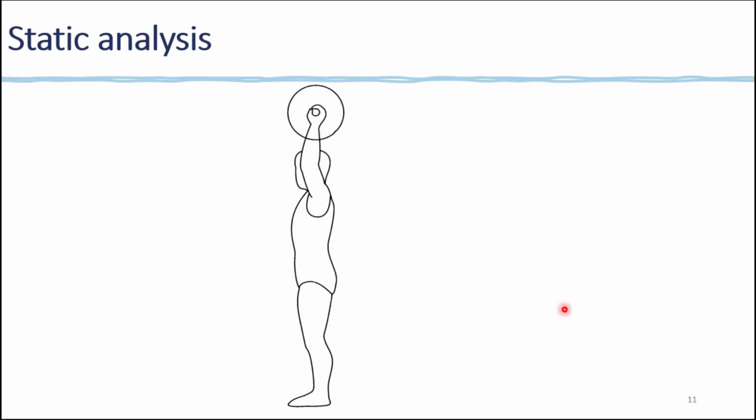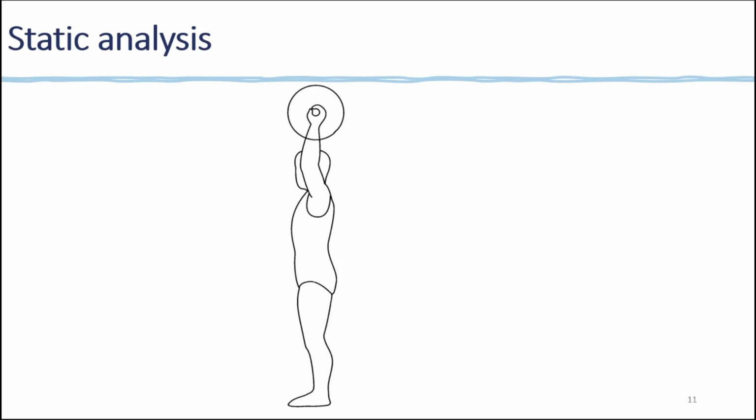So here's another example. We have an 80 kilogram weightlifter that lifted 100 kilograms over his head, and he's holding it still. He and the barbell are both in static equilibrium, and we're trying to find the reaction force from the floor that must act on the weightlifter's feet. So first, we need to draw the free body diagram, and we have three external forces that act on the weightlifter here.